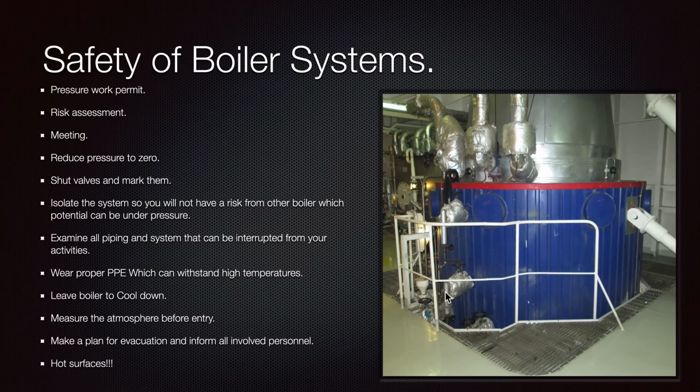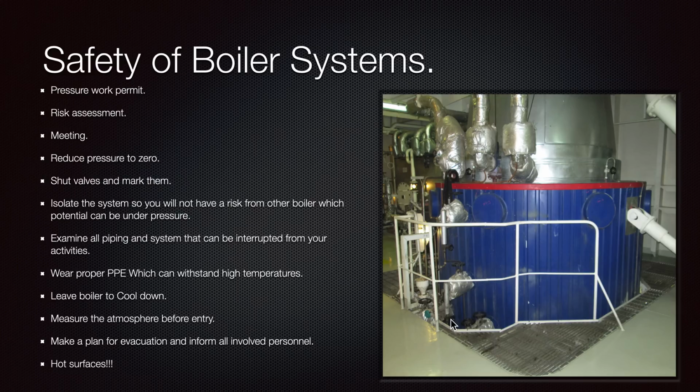So in case you have a clog here, you can drain it here and see if it functions again. So you have somehow a double check made already, and also you eliminate and reduce the risk that way. But the pressure work permit, which is here, will never tell you that you need to do that.